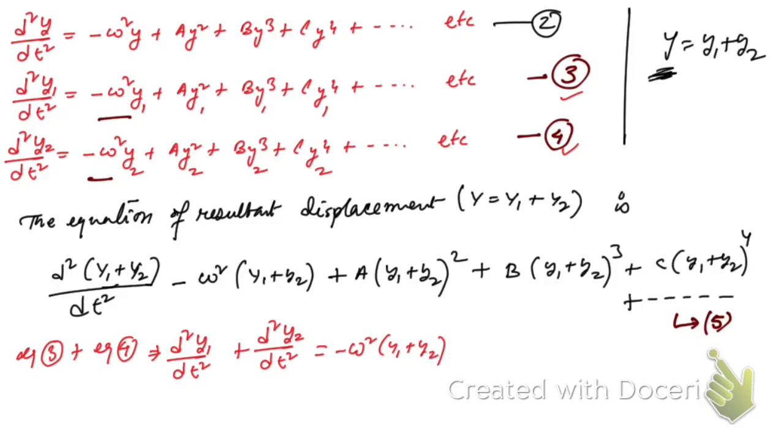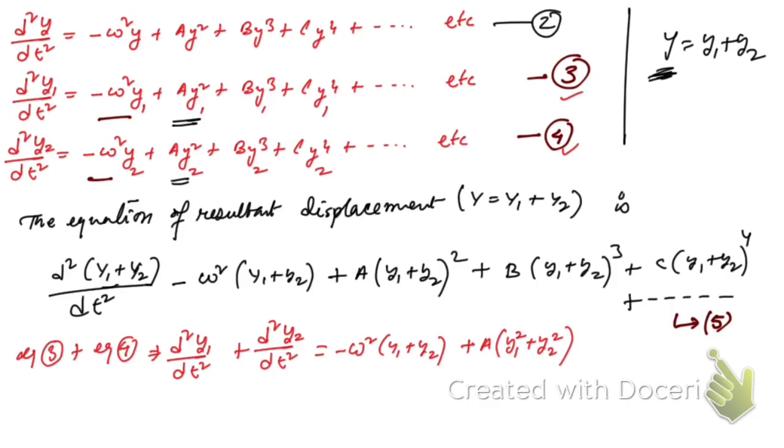Then, because we are adding these two equations, 3 and 4, you can take a common. Within the bracket you are going to have y1 square plus y2 square.